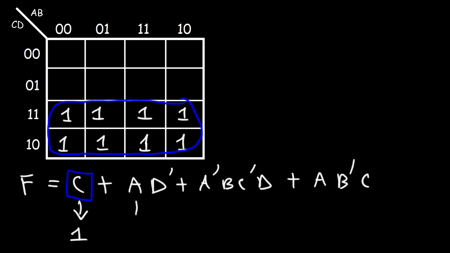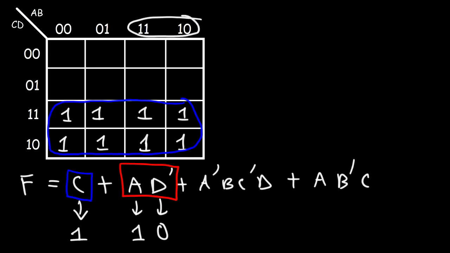So let's move on to the next one, AD prime. So for A, I'm going to put 1, and for D prime, 0. So A is 1 in the last two columns on the right, and D is 0 here. So we're going to have a 1 and D's as well.